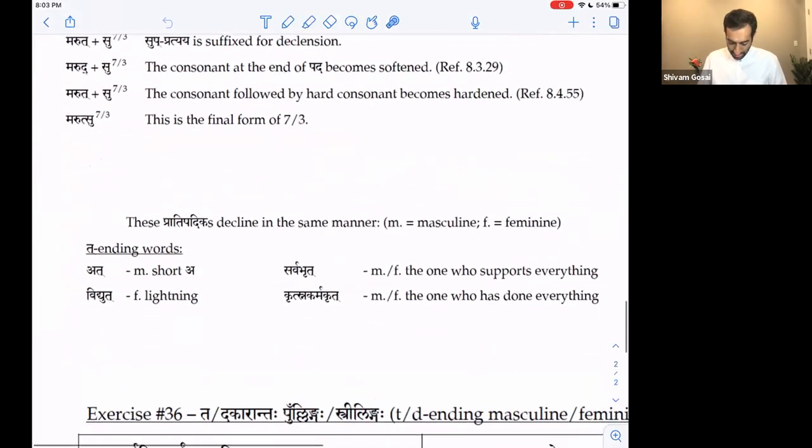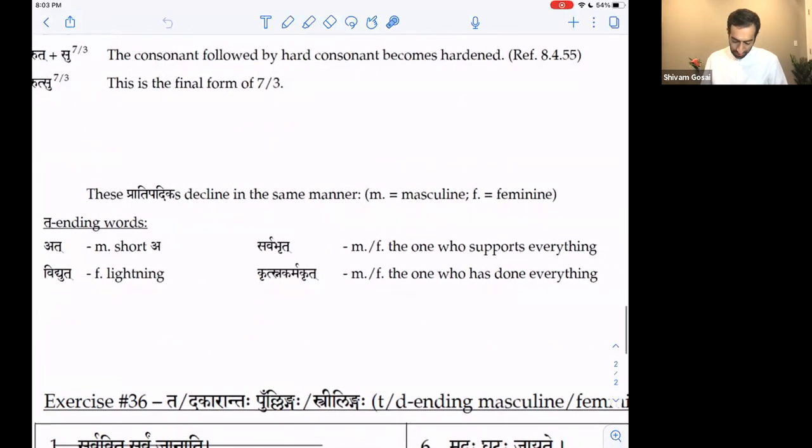So these words that you see at the bottom here, for example, if you see the word at, when we say at, that just means short akara. So short a. So at. Sarva Brit, one who supports everything. You see Ishwara is described as Sarva Brit.